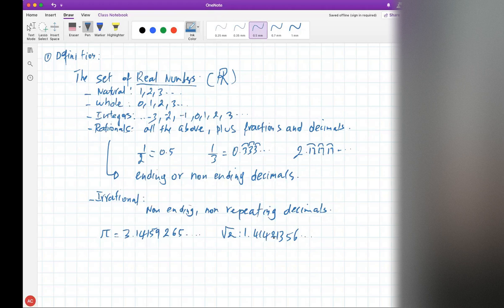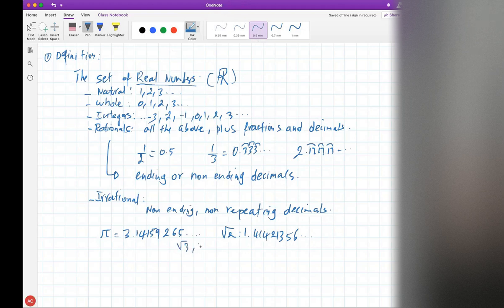So as you can see here, these digits are random. They just keep going and going, and there's no pattern. Unlike here, we have a pattern, maybe 1 repeats every time, or 2 repeat, or 3, but there is no pattern here.